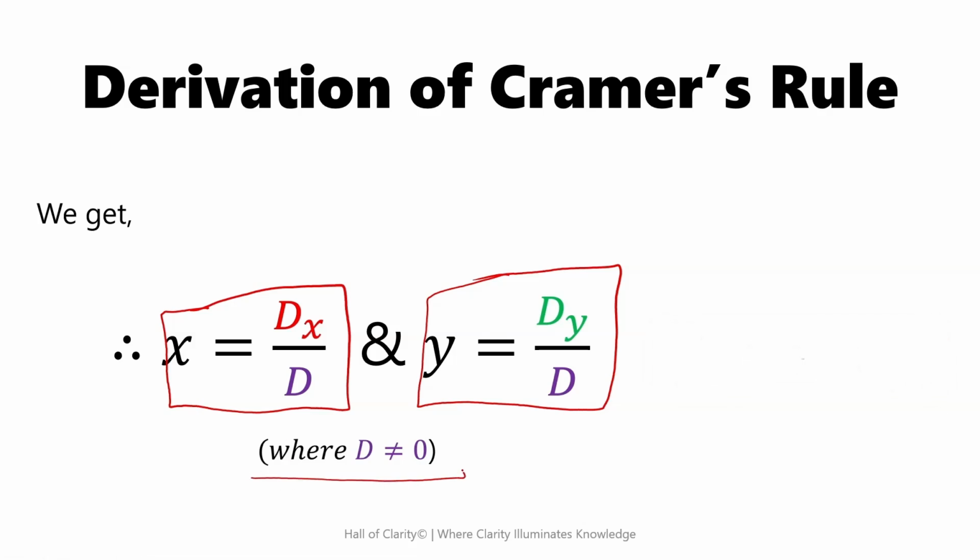And the most important condition in order to apply Cramer's rule: you have to first check that d is not equal to 0 in that set of simultaneous equations. I hope you have understood the derivation and logic behind writing these determinants and finding the values of x and y.